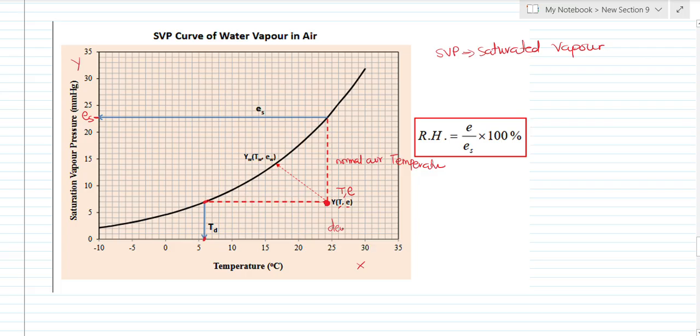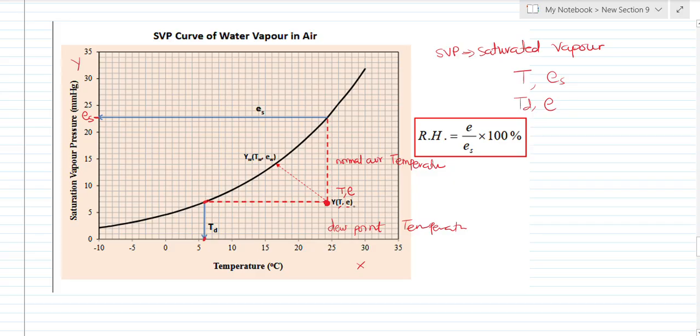The dew point temperature. So when we were looking at the mathematical expression, I told you that the normal temperature in that equation will give you the saturated, and the dew point temperature in the equation will give you the unsaturated. When you come to the curve, it's the same thing, right?